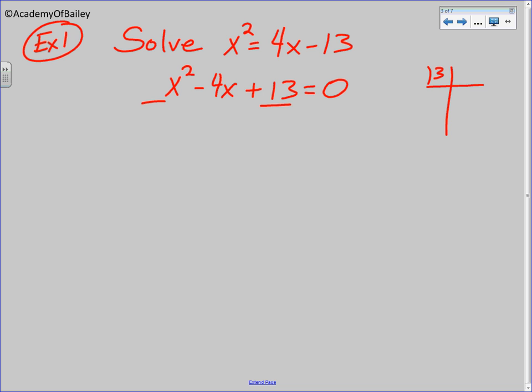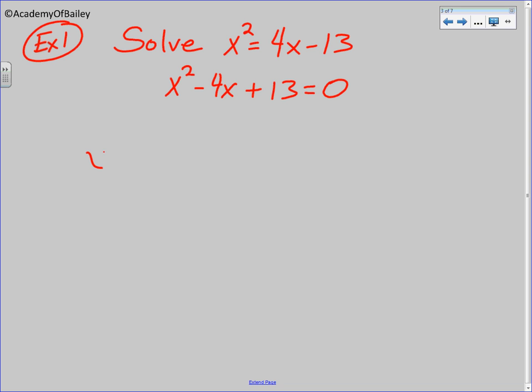We take a times c to get 13. So those are the numbers that multiply to get 13. Do those numbers add up to give you -4? No, they don't. So we cannot use factoring here, but we can use the quadratic formula. We could also use completing the square, but that's in a different video. We're going to do the quadratic formula here.